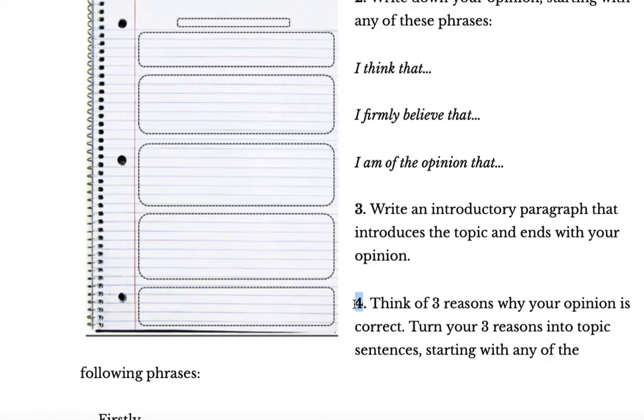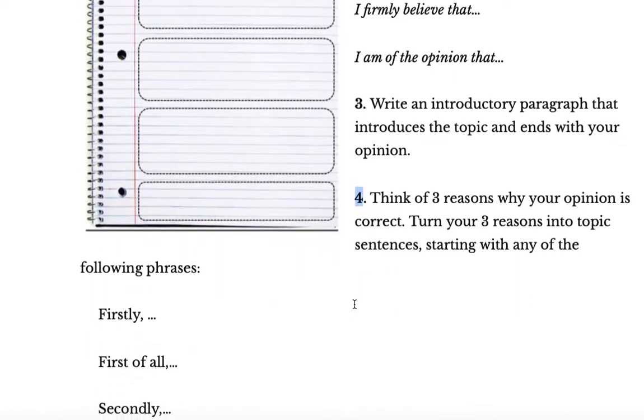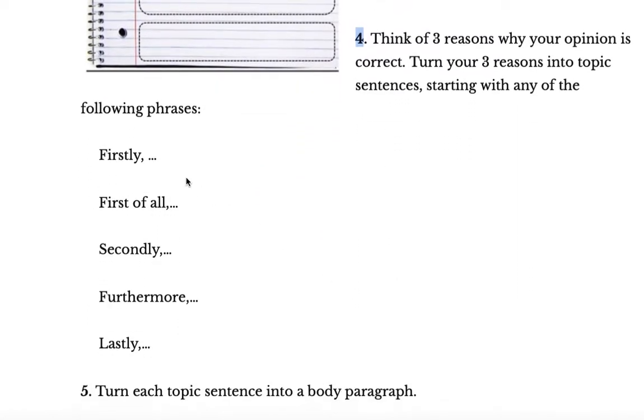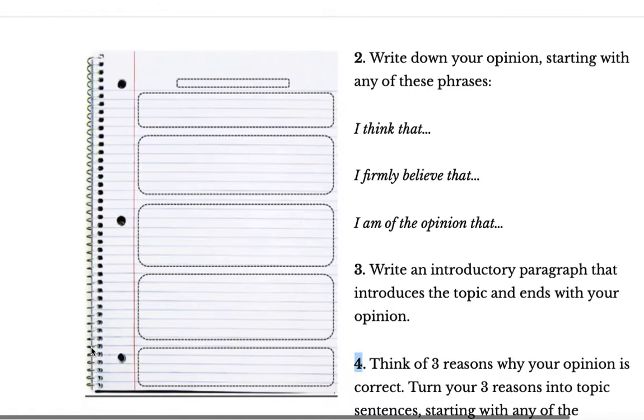List your 3 reasons. Turn them into topic sentences, starting with any of these phrases. Firstly, first of all, secondly, furthermore, and lastly. And you put these paragraphs in the body of the essay, these 3.